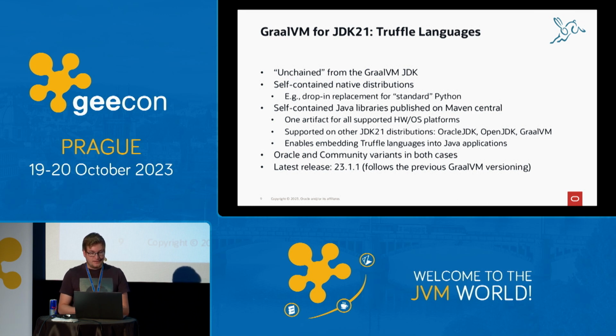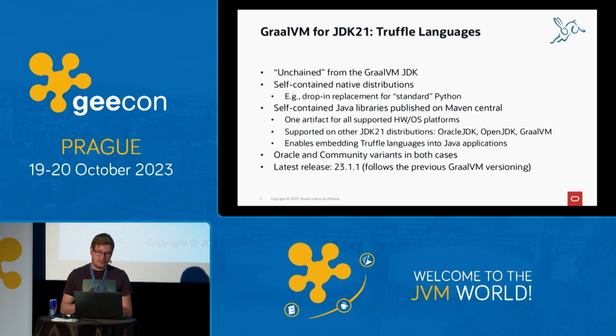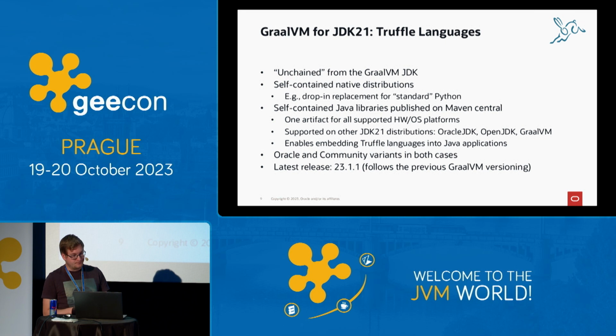The difference from the previous versions is that not only can you use them on the GraalVM JDK, but they are now supported on other JDKs from 21 upwards, so OracleJDK, OpenJDK.